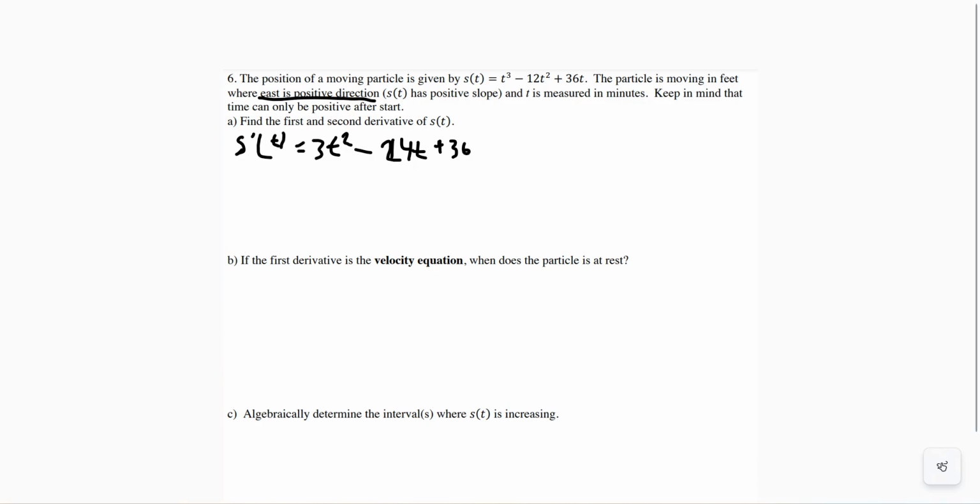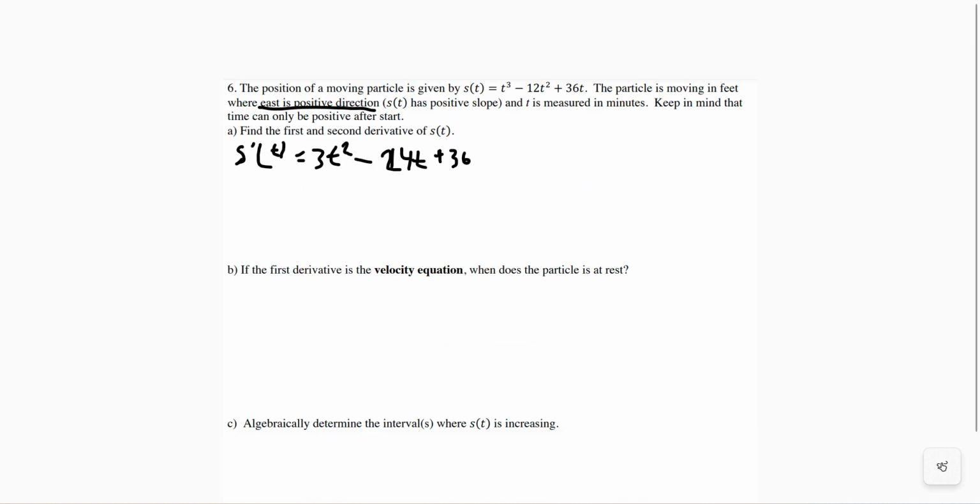We take down the 3, minus 1 is 2, times 12 minus 1, plus 36 times 1 t to the power 1 minus 1. The second derivative is going to be, let's put it as s double prime of t, equals 6t minus 24.